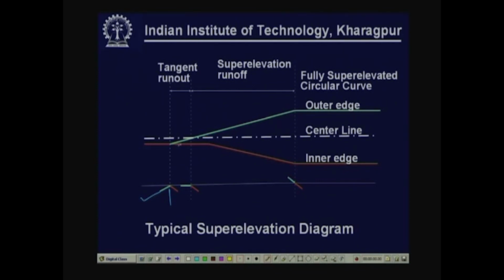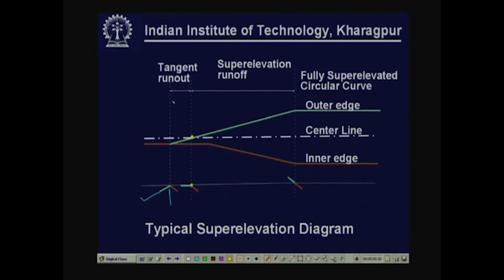After that, the outer edge is rotated with respect to the center line, indicated here by this green line, and at this point the corresponding section looks like this: inner edge slope equal to camber, the outer edge flat, or slope is 0.